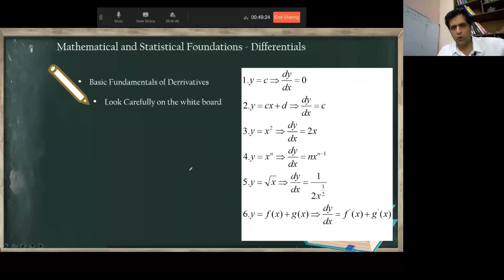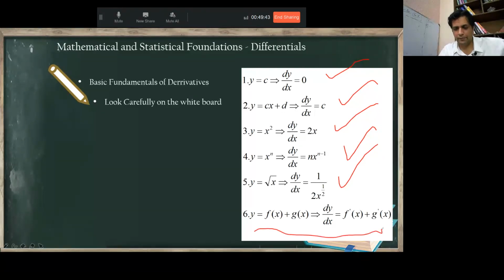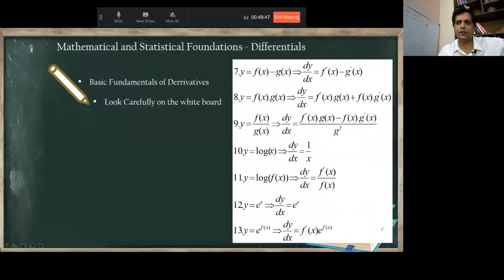So now we have some fundamental derivatives. This one we know, this one you know, this one you know, this one you know now, and you know how to derive these, right? So next we're gonna talk about this one, how we did that. And then we will talk about this function as well.